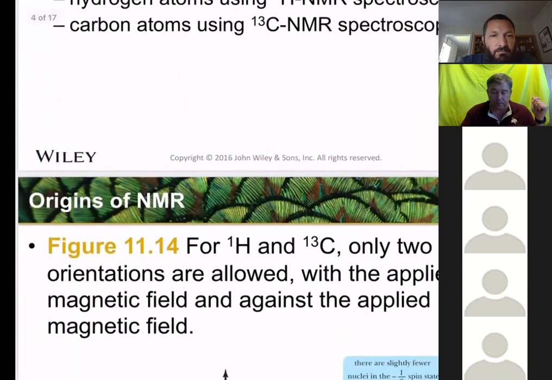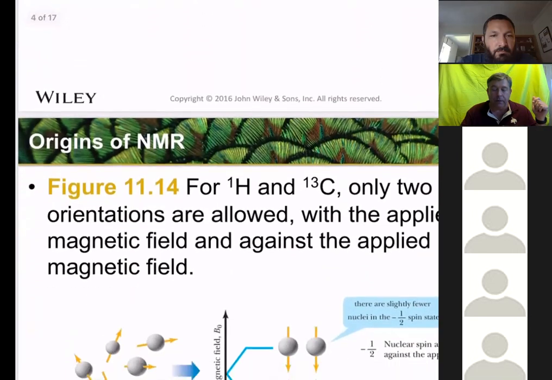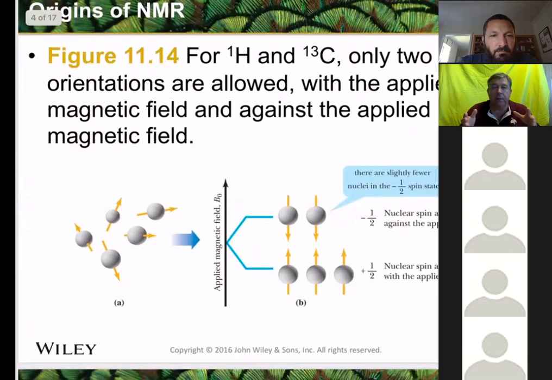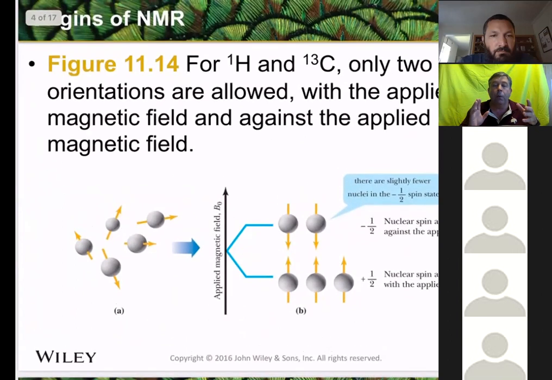So what we want to look at here, in the origins of NMR, is that when you have your protons and neutrons in your nucleus, they have what we call spin. And whenever you have spin, you have like a little magnet, with a north side and a south side of a magnet. And so what happens is, in the nucleus of the atom, these are randomly oriented.